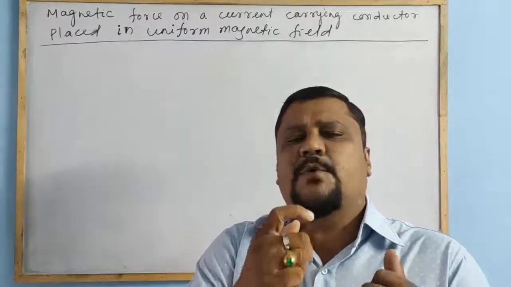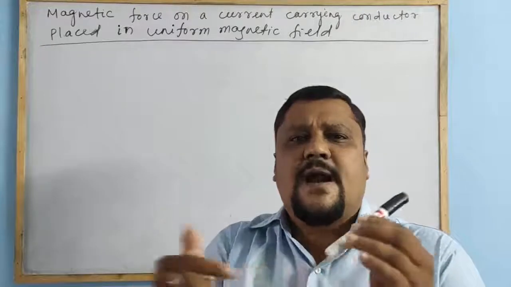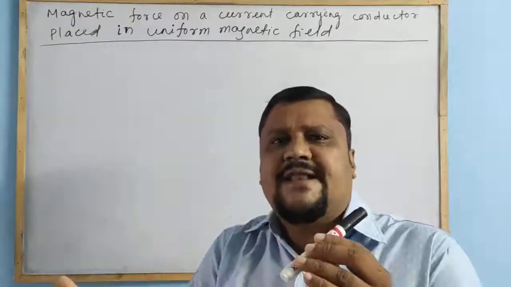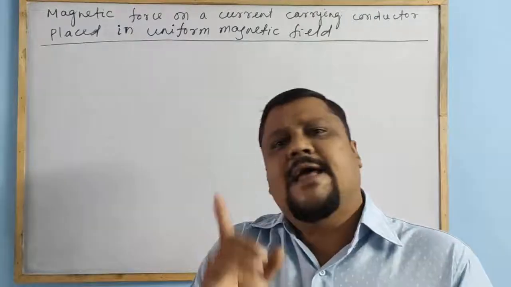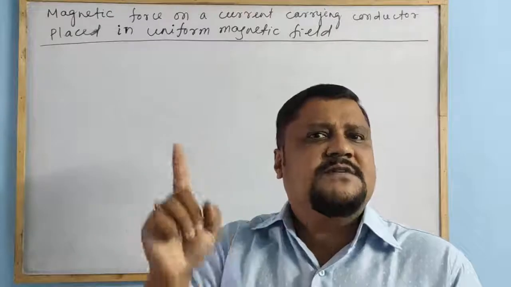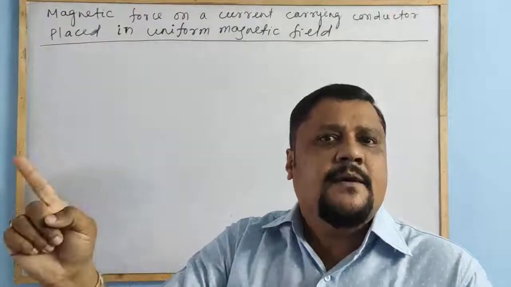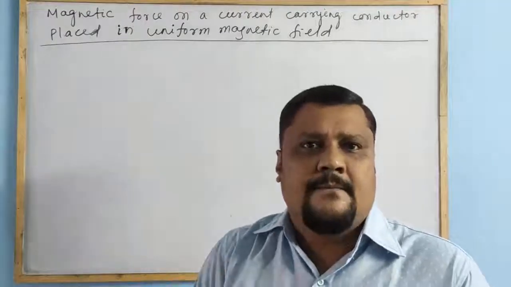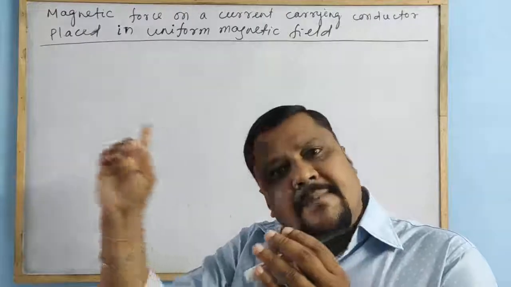So when a current is flowing in the conductor, the conventional current is in one direction, and in the opposite direction the electrons are flowing in the conductor. That is clear. If the electrons flow in the conductor, then as you know, when a charged particle moves in a magnetic field, obviously the electron is inside the conductor, but it is moving in the magnetic field.